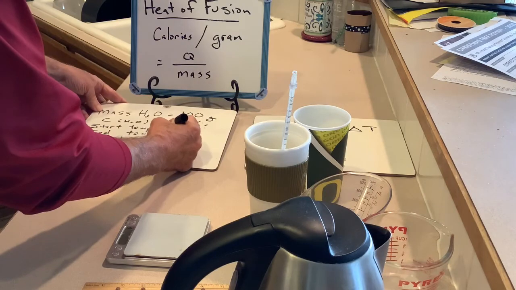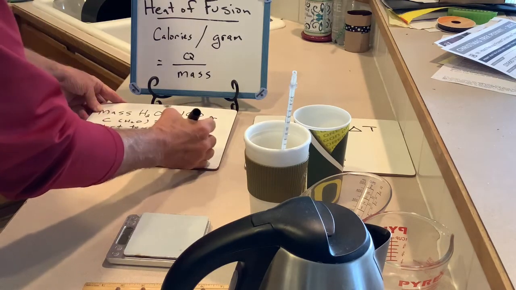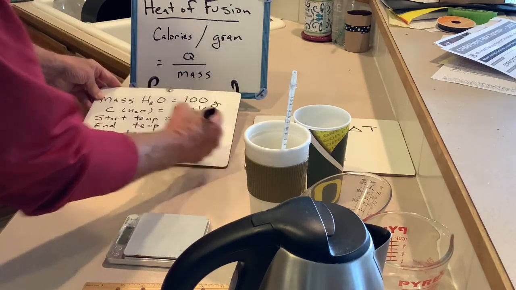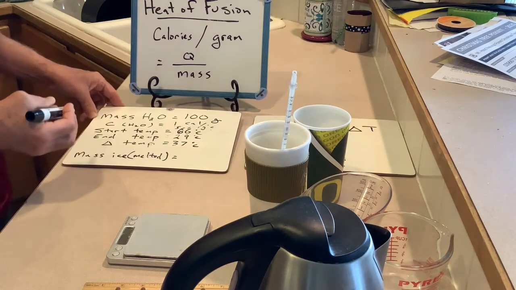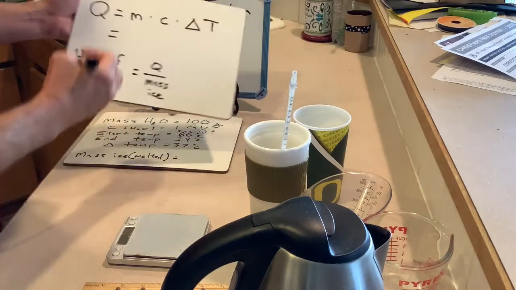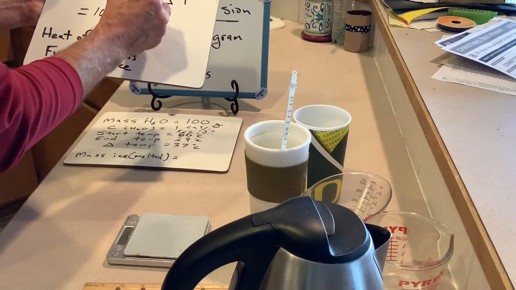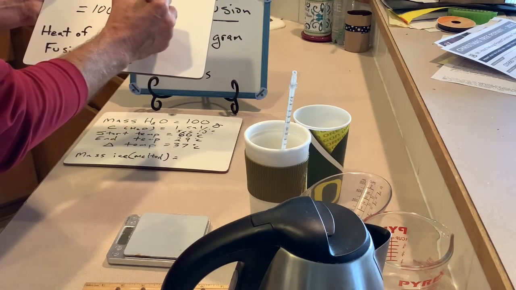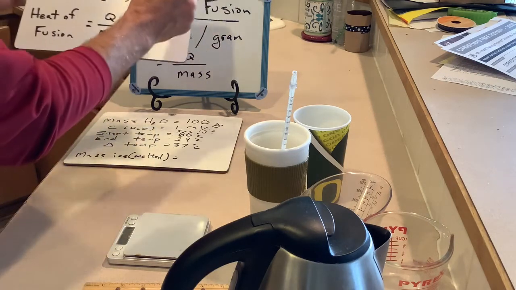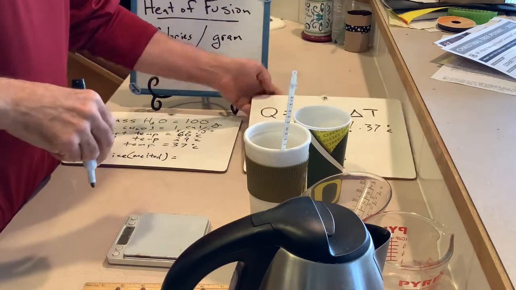So I believe that is 37 degrees Celsius. Now we got to figure out how much ice was melted, because with this now we can figure out how much energy. So we take 100 grams times 1 calorie per gram degrees Celsius times 37 degrees. Yeah, that happens to be body temperature of human beings. That's your body temperature.